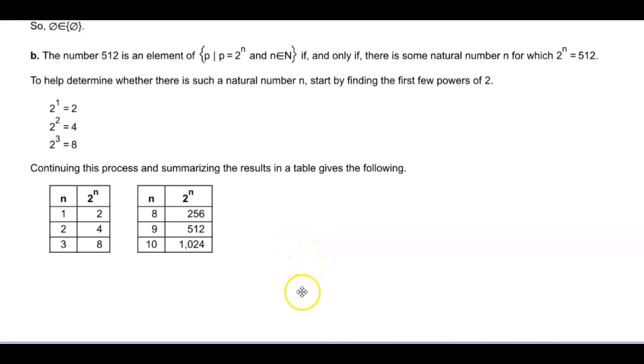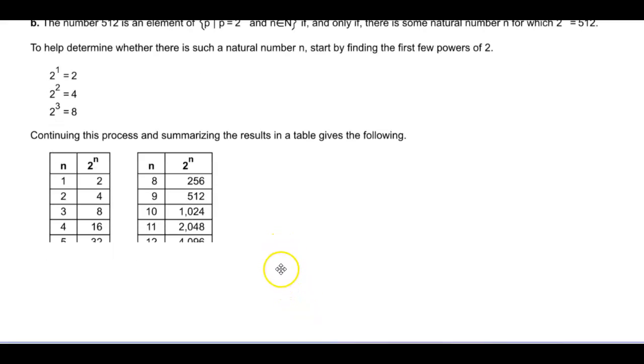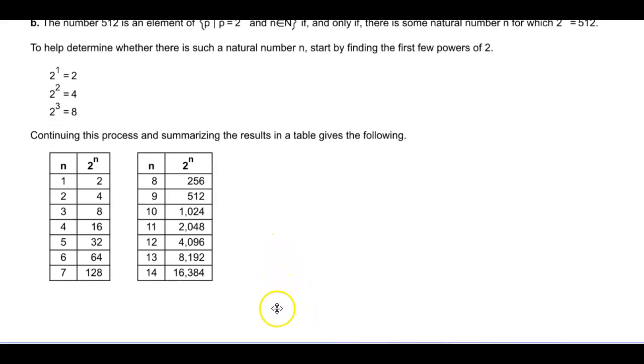So, if you look here, 2 to the fourth gives us 16, 2 to the fifth gives us 32, 2 to the sixth gives us 64, 2 to the seventh gives us 128, 2 to the eighth gives us 256, 2 to the ninth gives us 512. So you can see here that 2 to the ninth is equal to 512.